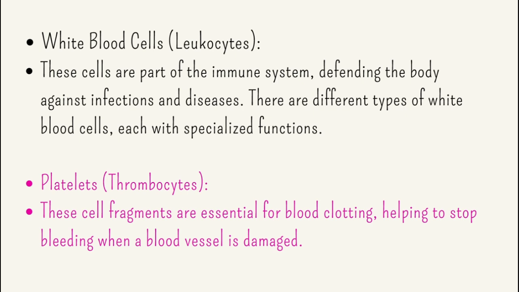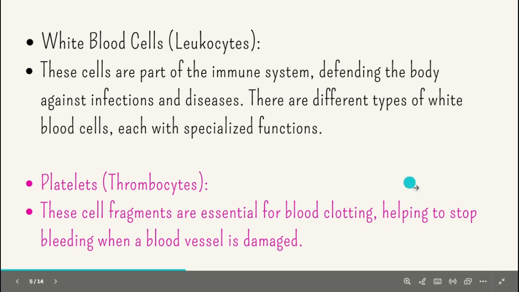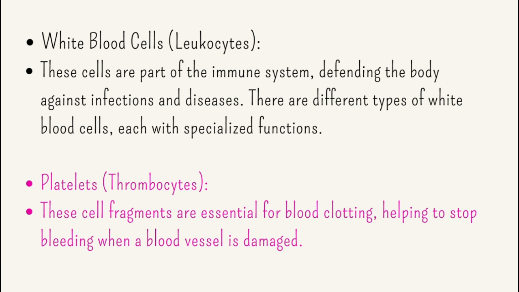So now white blood cells. The main thing that you need to remember about white blood cells is that they fight infection and they fight diseases, right? So for example, if you get a cut, these white blood cells are literally what would rush to the area.